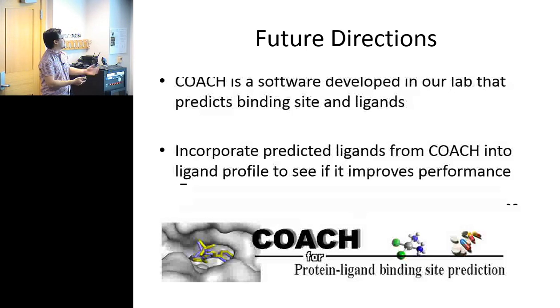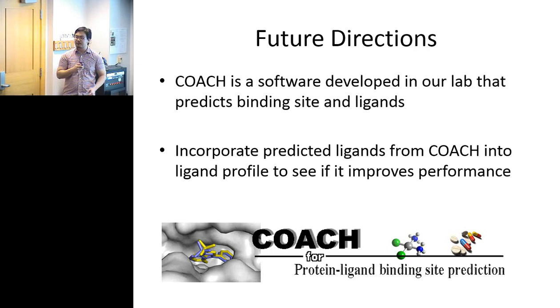And another future direction here, which I couldn't get in time for this year, which I wish I could, was incorporating Coach. Coach is a software that's developed in our lab that's used for predicting binding sites and potential ligands that your query protein may likely bind, right?